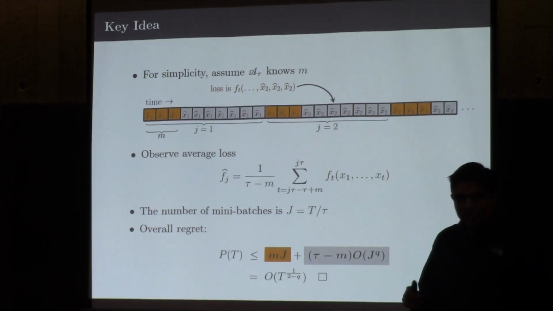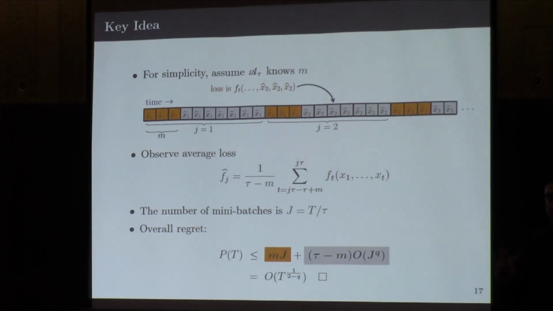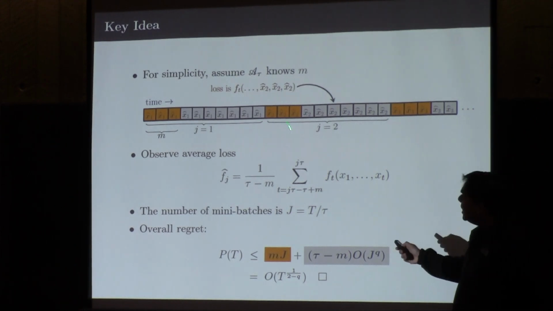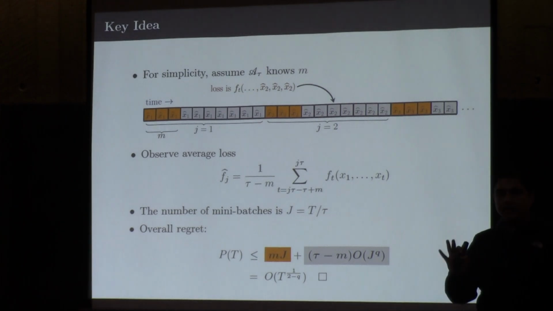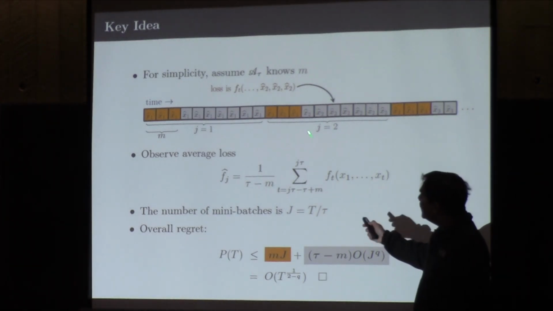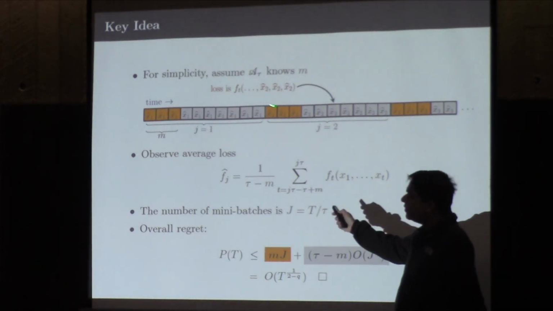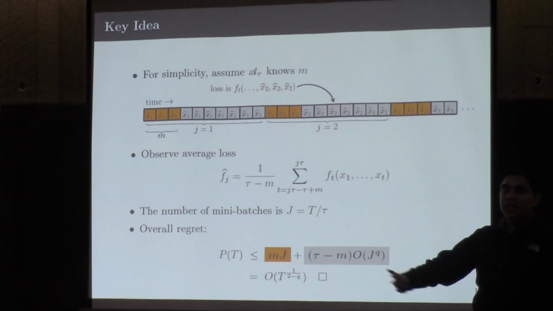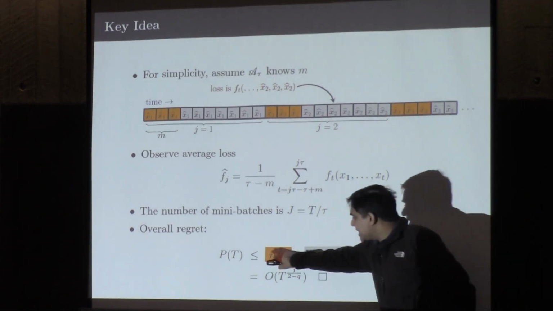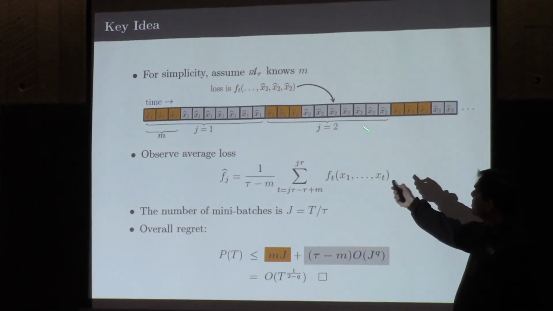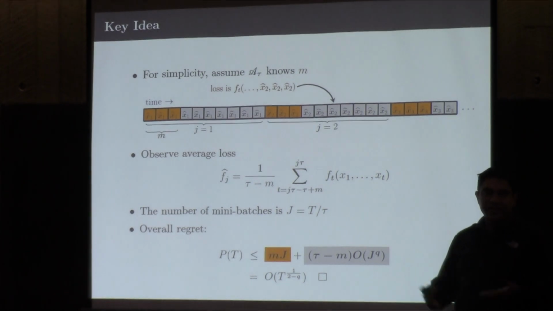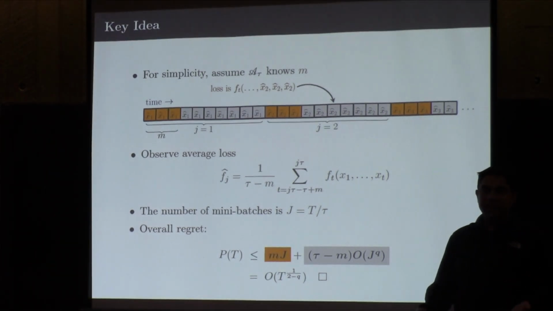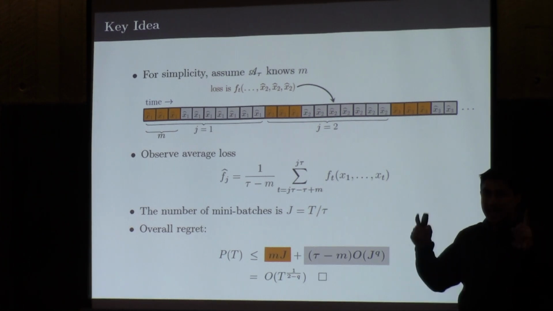So really, the hand-wavy way of thinking about this, and I'm really simplifying things here, is that we really pay a cost for switching, I would say. But here I'm simply saying, let's ignore the first m rounds in each mini batch. We will just say we'll incur maximal regret for those rounds, so this can be at most mj. And for the remaining rounds, I'm just going to play as if I'm playing against an oblivious adversary. It doesn't react anymore because I'm not changing my strategy anymore as far as it can tell in that round.